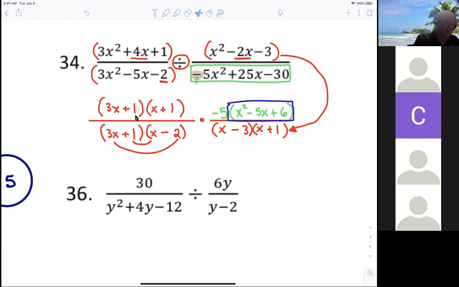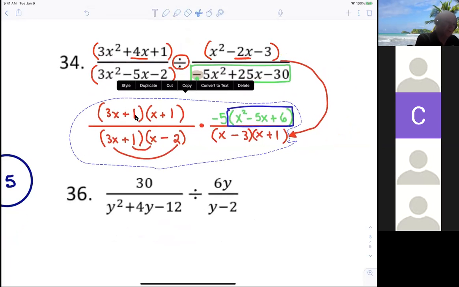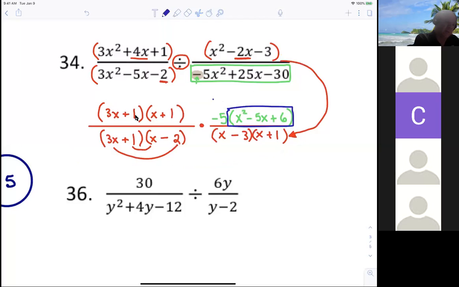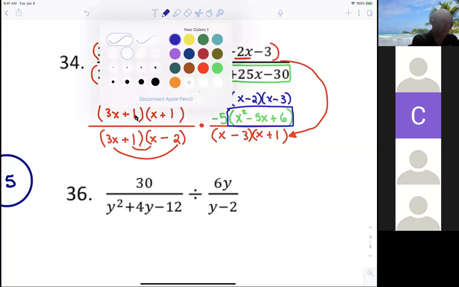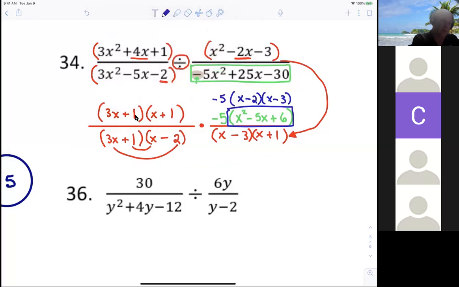So when I factor, I'm leaving the -5. I'm factoring x and x. Factors of 6 that make 5, 3, and 2, both negative. A little annoying, but not that hard if you can factor. Now what I want to do is make this a little bit bigger, and I don't want this to get in my way, so I'm going to cross that out.